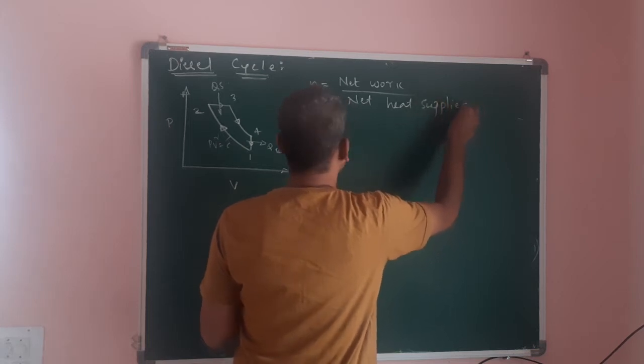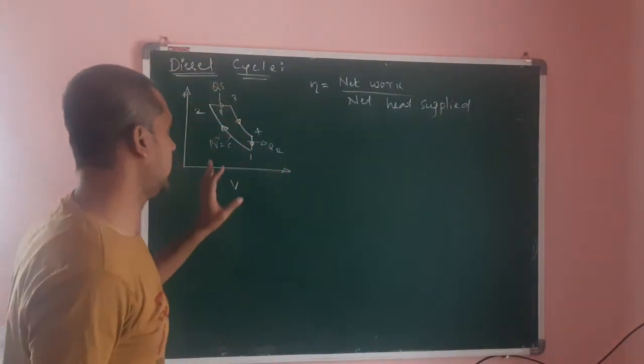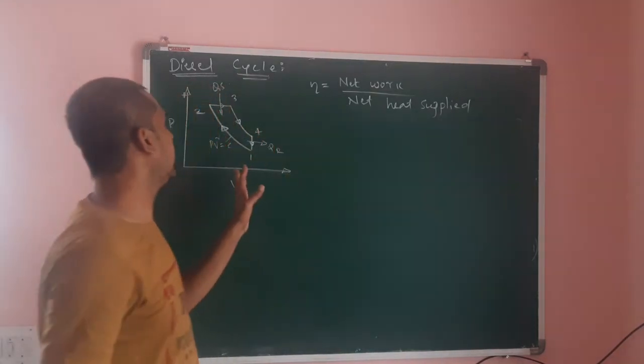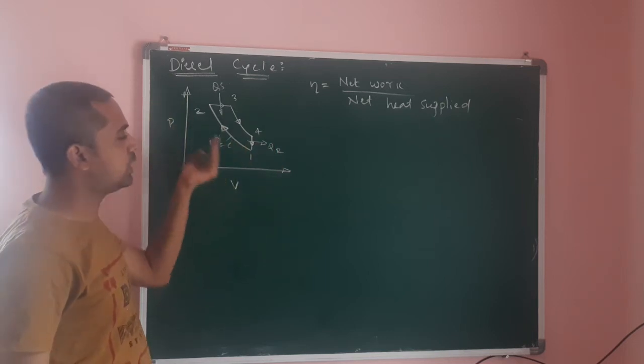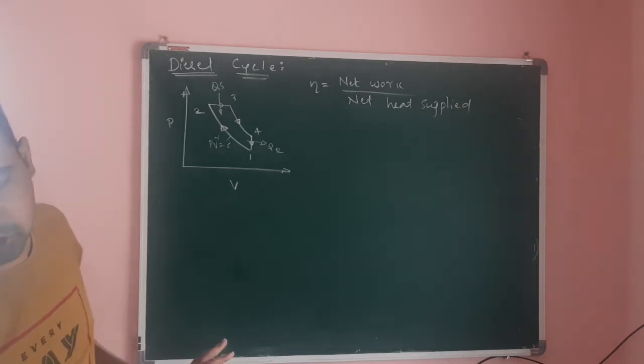In this process heat is supplied during only one process, that is during the process 2 to 3. Work is done during 3 processes; only during the process 4 to 1 work is not done.